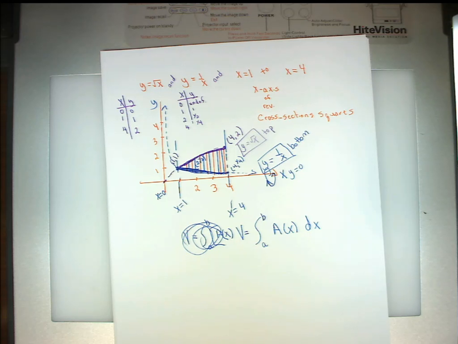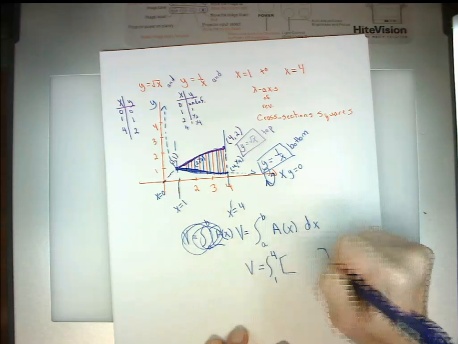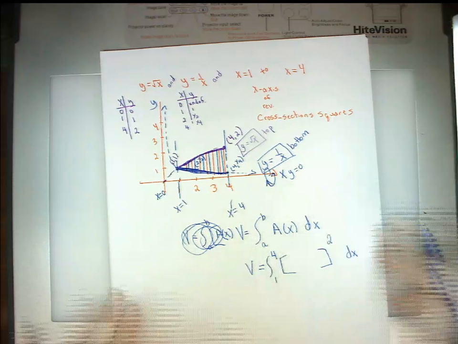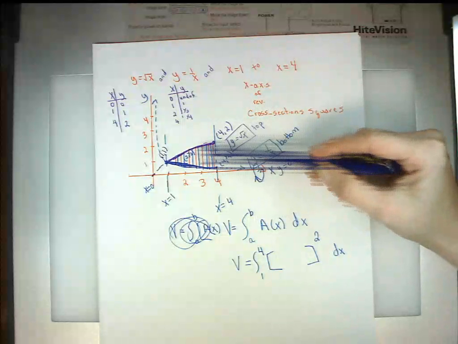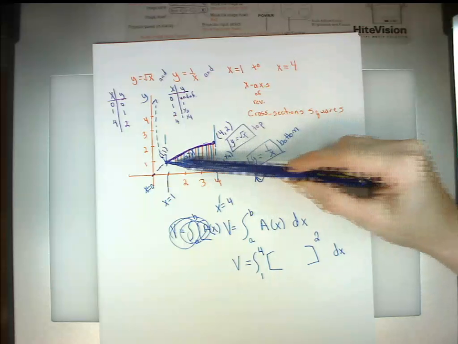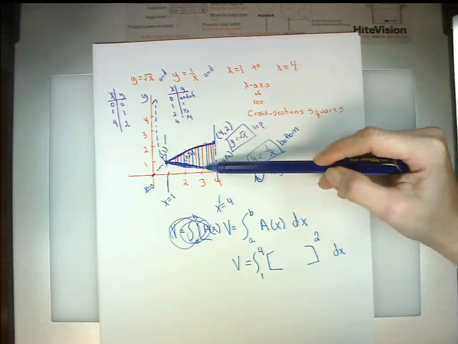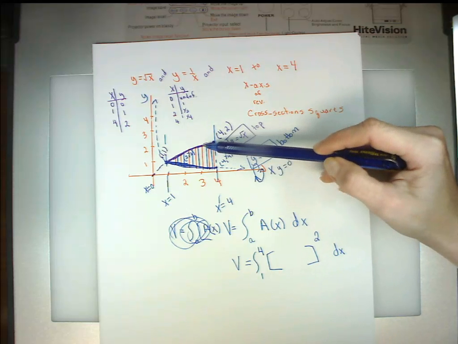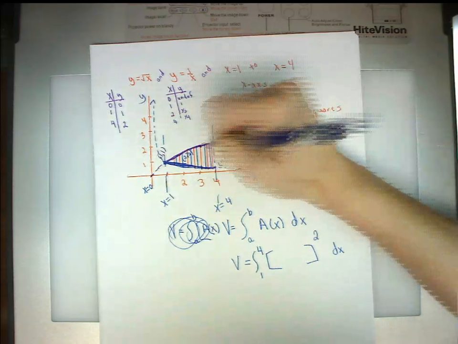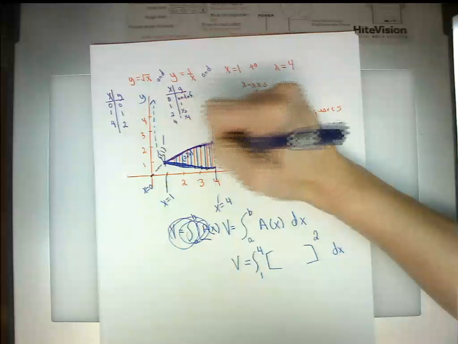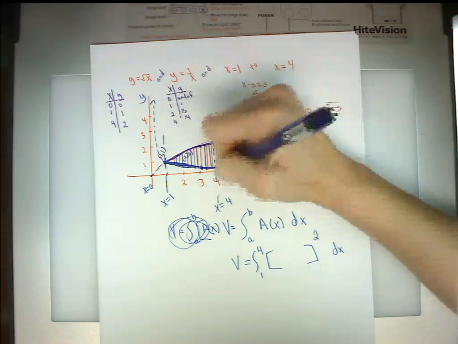The cross section squared, as we go from x equals 1 to x equals 4.